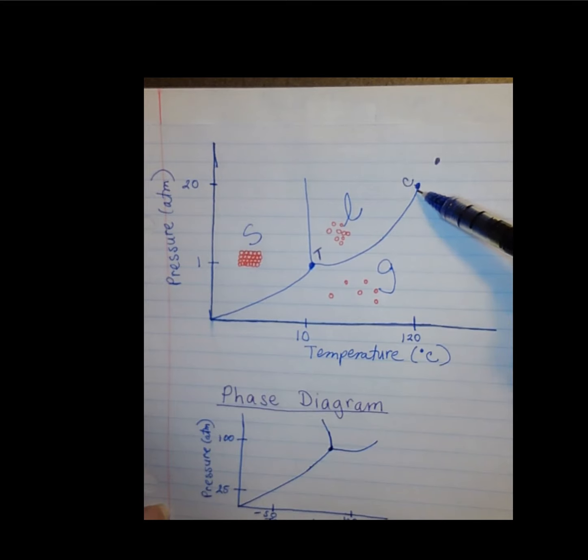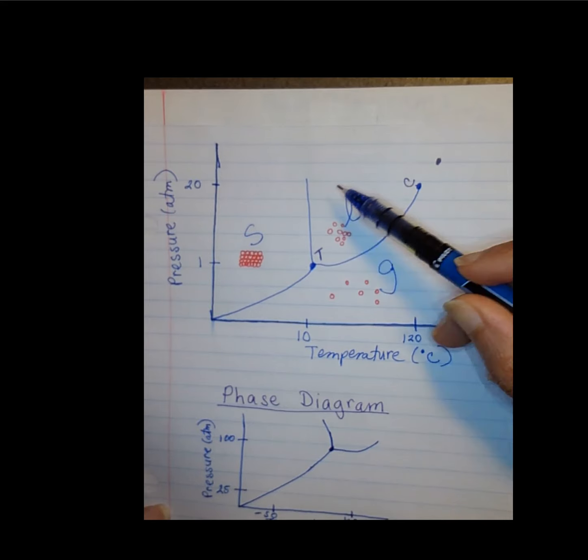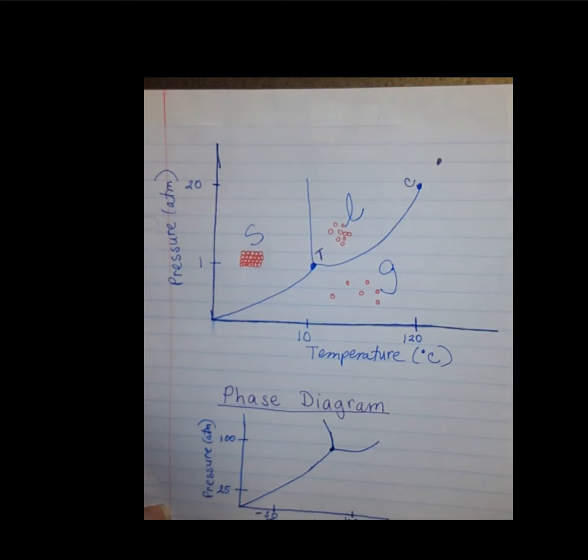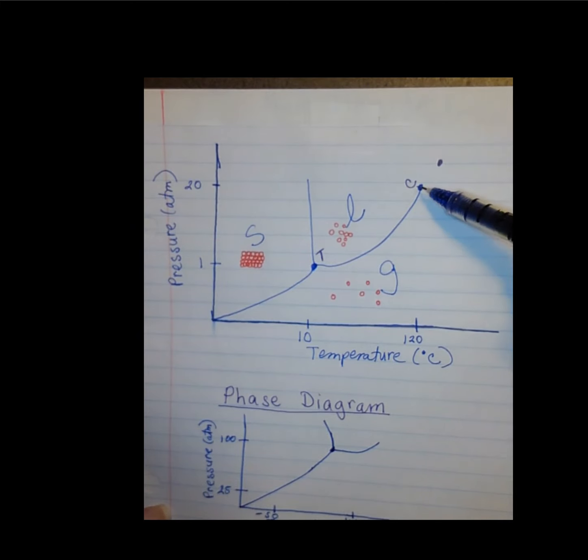Now understand that there are many different critical points on a phase diagram, but the critical point that I am indicating right here is between the liquid and the gas phase.